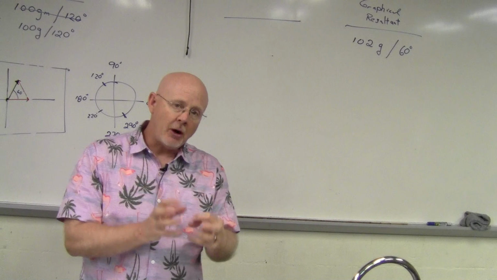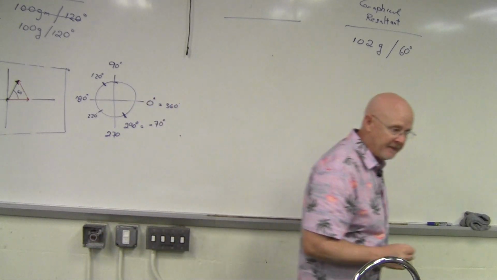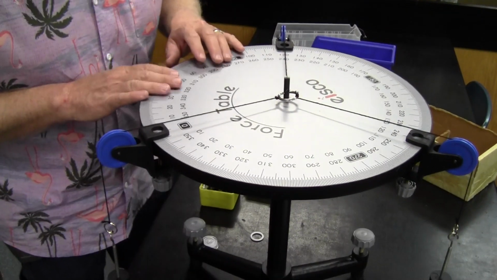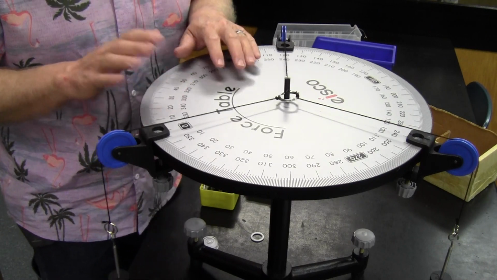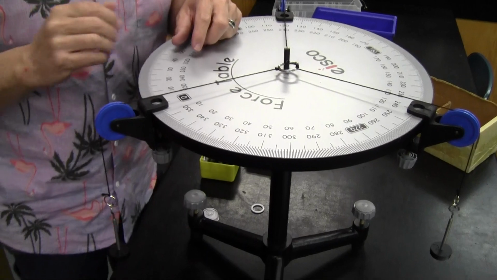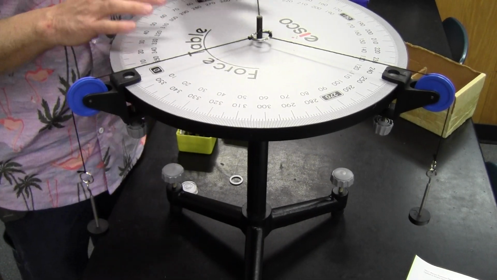Let's do the second part of this experiment, and that's with the force table. So let me come over to here. This is the part where I'll be the partner with you. So you're going to do the drawings. If this was face-to-face, I would say have one of your partners do the drawings and the other one hook it up.